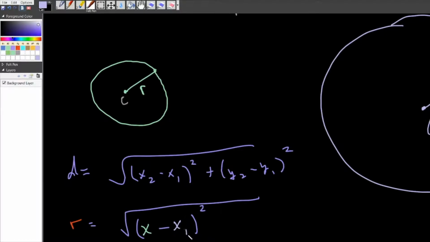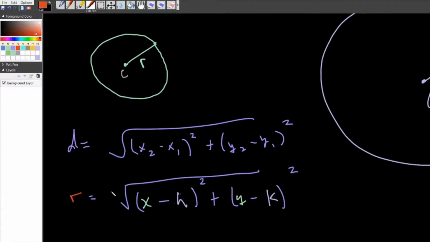So this will be x minus h quantity squared plus y minus k quantity squared. And this is the equation for a circle centered at h comma k. So the radius is r. And the center is just h comma k.